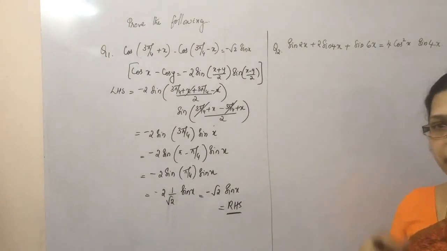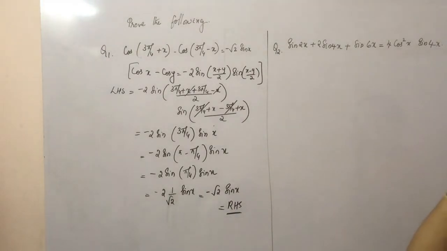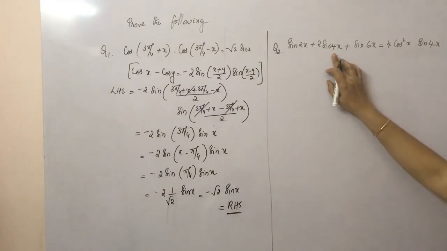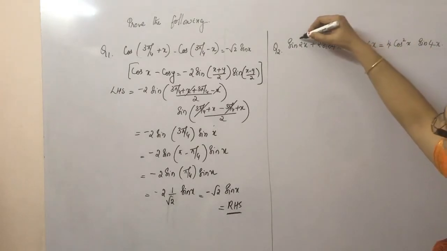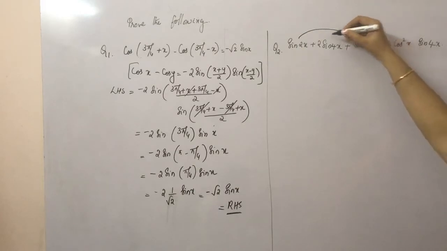Now coming to the second question. It is to prove that sin 2x + 2 sin 4x + sin 6x is equal to 4 cos²x into sin 4x. I club these two terms first.